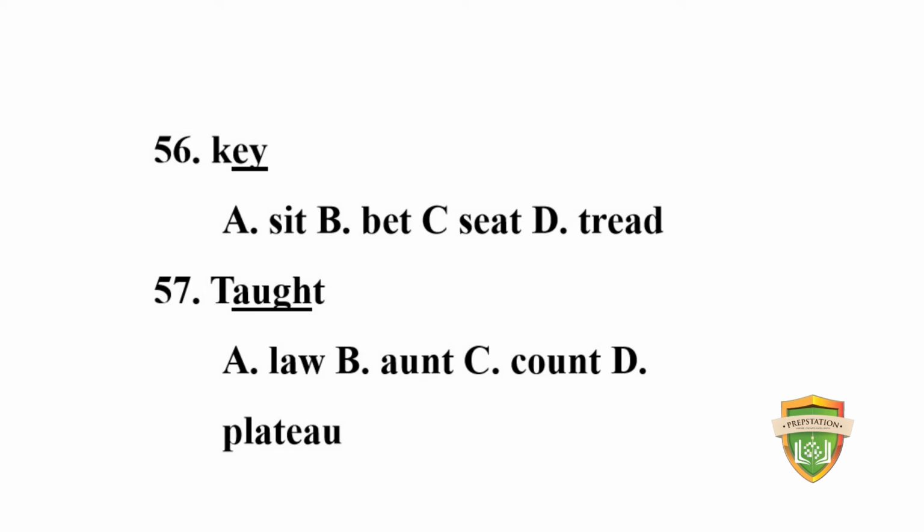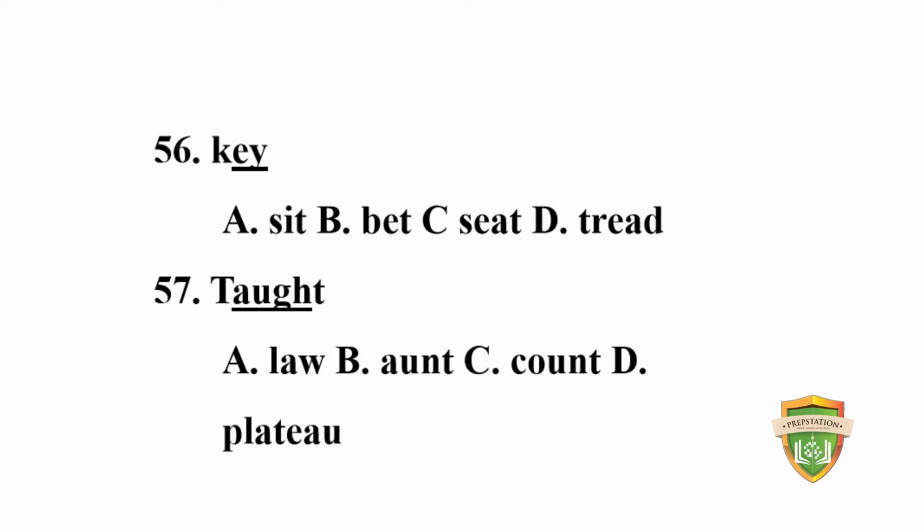All right. 57, taught. You have AUGH on the line, and the sound that is realized here is the long O sound, taught. He has taught me in primary school. So A, law. B, art. C, count.